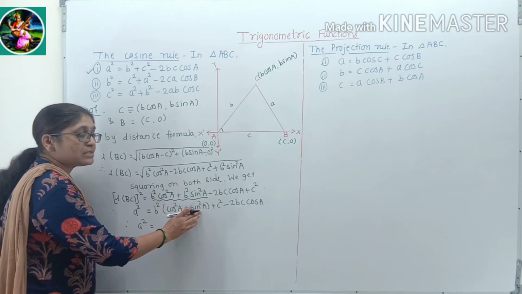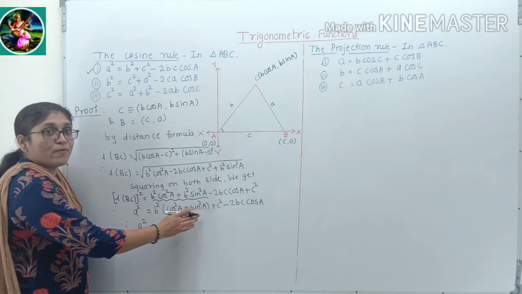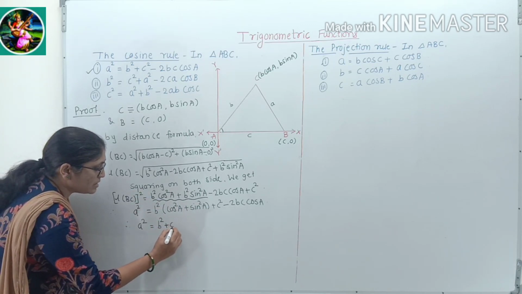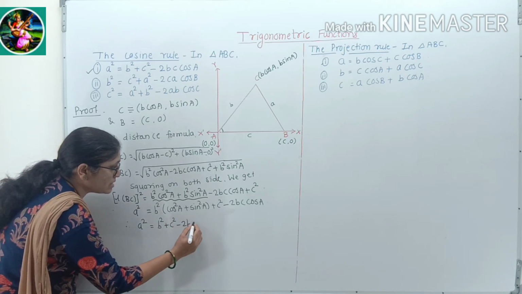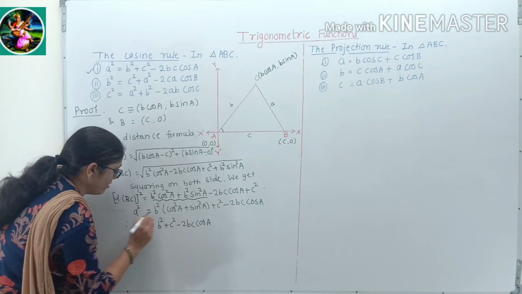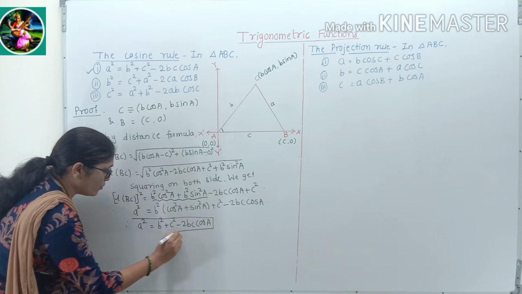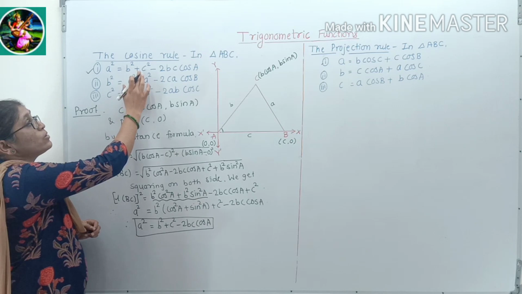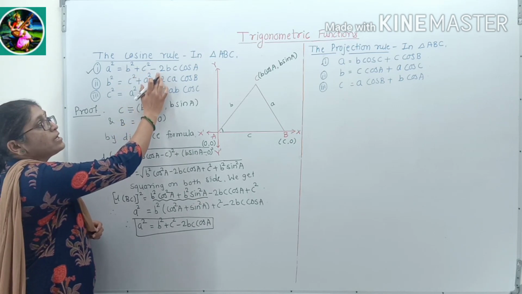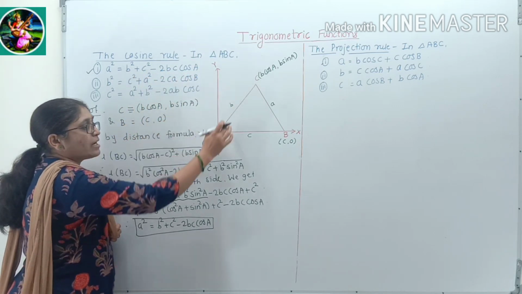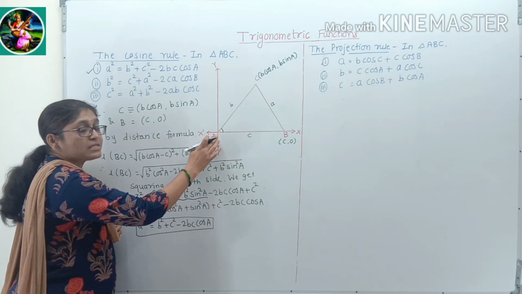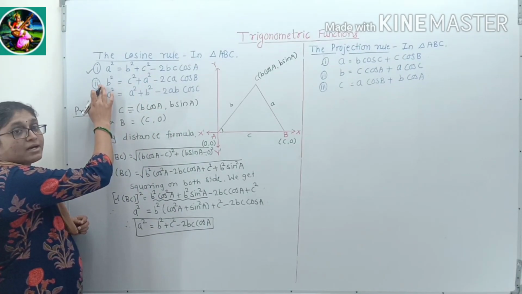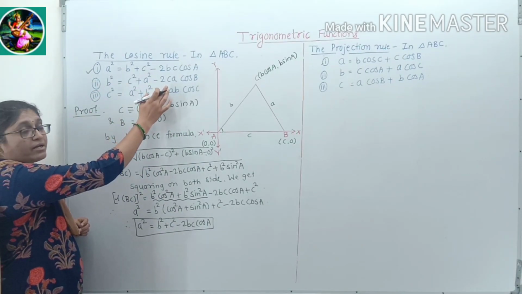Therefore cos square A plus sin square A is 1, and 1 into b square is b square plus c square minus 2bc cos A. In this way we prove the first rule, that a square is equal to b square plus c square minus 2bc cos A, by taking angle A at standard position. If we take angle B at standard position, we will prove the second theorem.